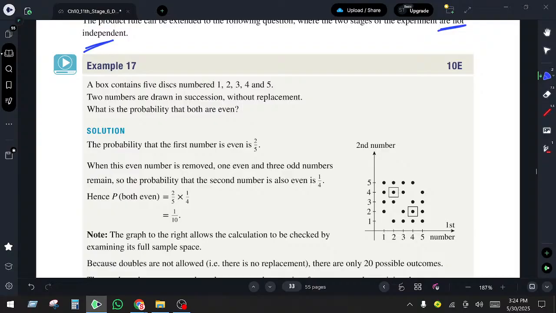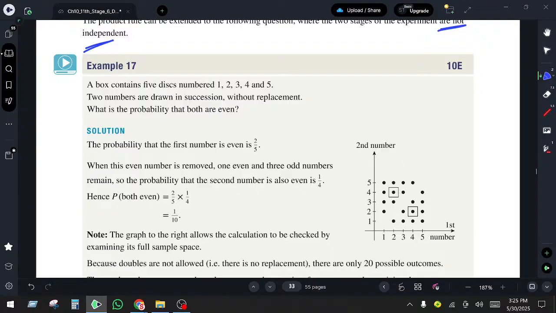I should have one paper. Let's do some good activity. There are 5 numbers.